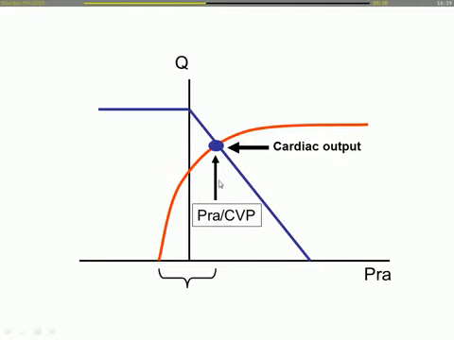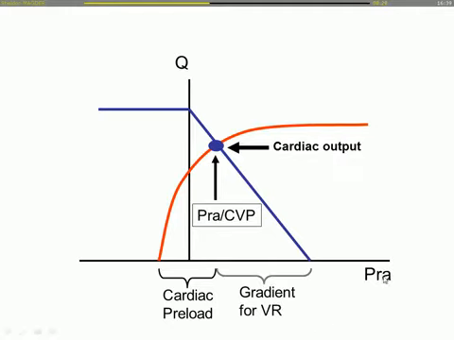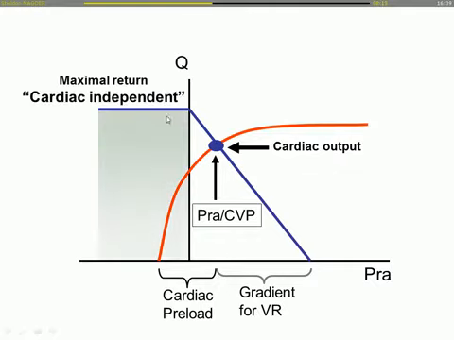Now on this graph, an important part from the 0 point for the cardiac function curve to the working value is the cardiac preload. And on the other side, from the mean systemic filling pressure to that right atrial pressure is the gradient for venous return. Two other important points. Once you reach this collapse point, the venous return is cardiac independent.